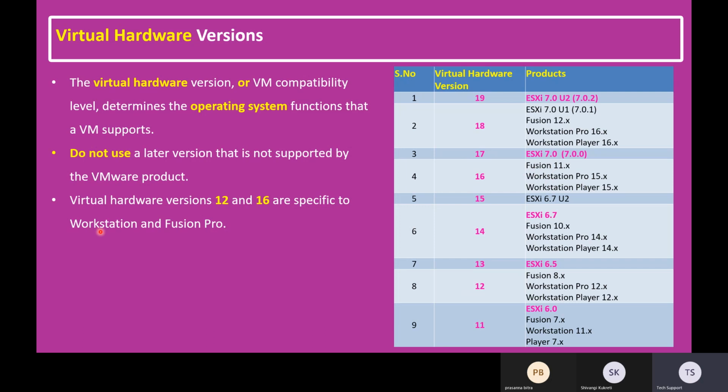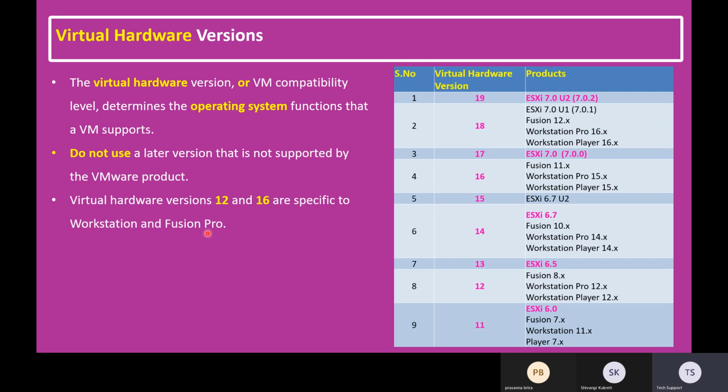It's dedicated only to the Workstation and Fusion flavors. Workstation is supported on Windows operating systems. It's host-based virtualization software, and Fusion is supported on Mac-based operating systems. Okay, so this is about the virtual hardware version.